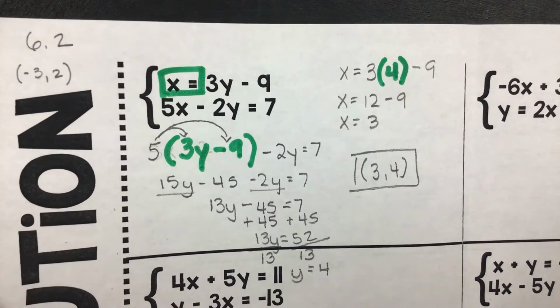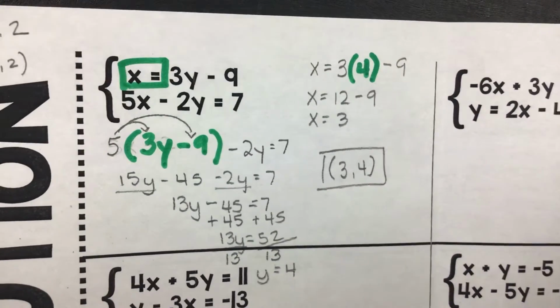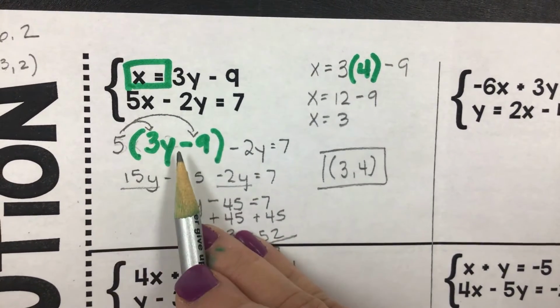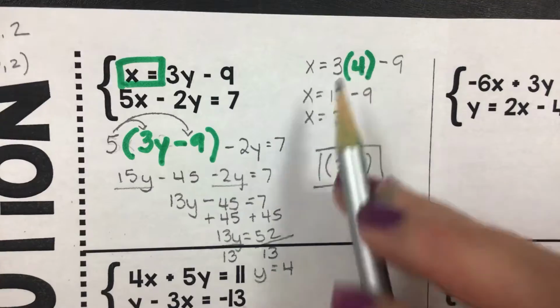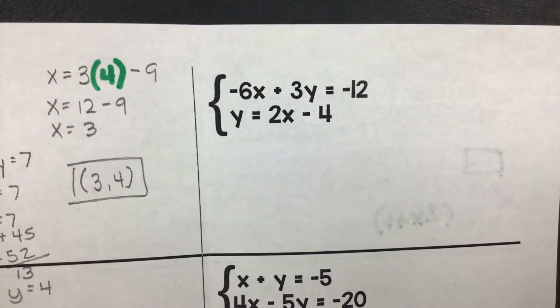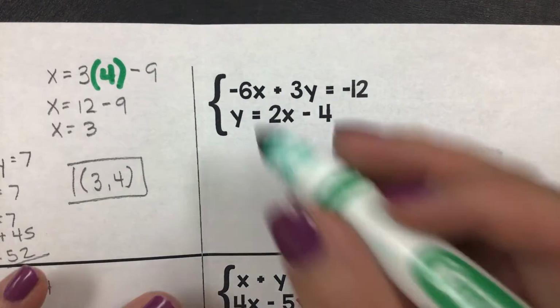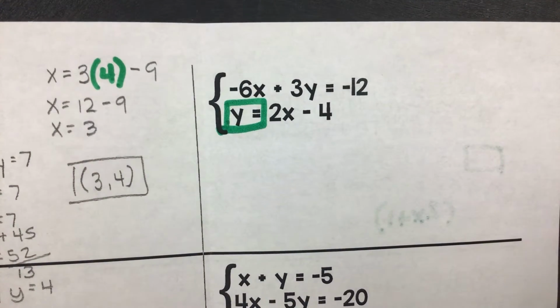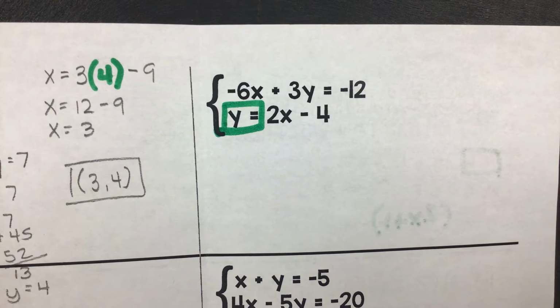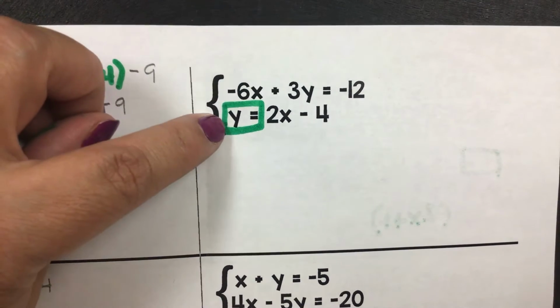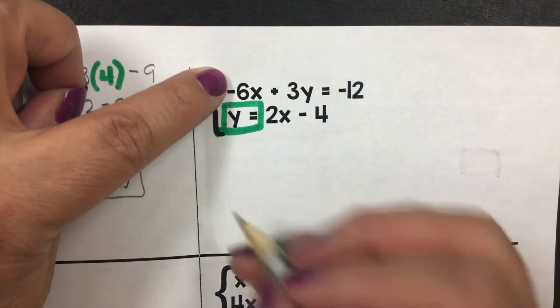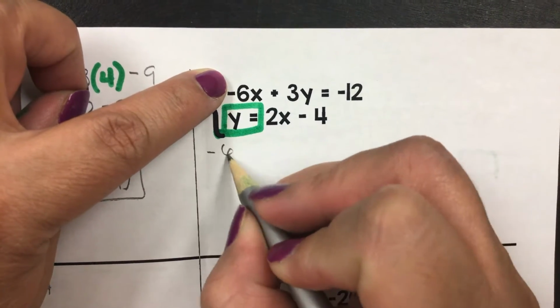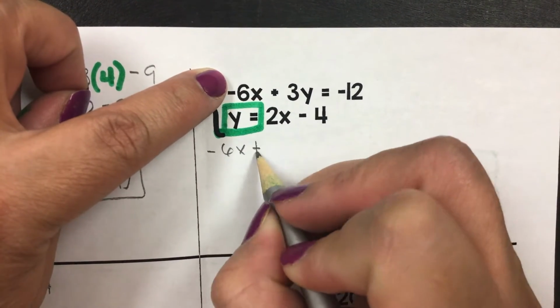So we're solving systems by substitution. And you can tell we substituted in here and we substituted in here. So remember what you're looking for is a y equals or an x equals. It doesn't really matter if it's the first equation or the second equation, x or y. But once you find it, you're going to take the other equation, which in this case is the -6x plus 3.